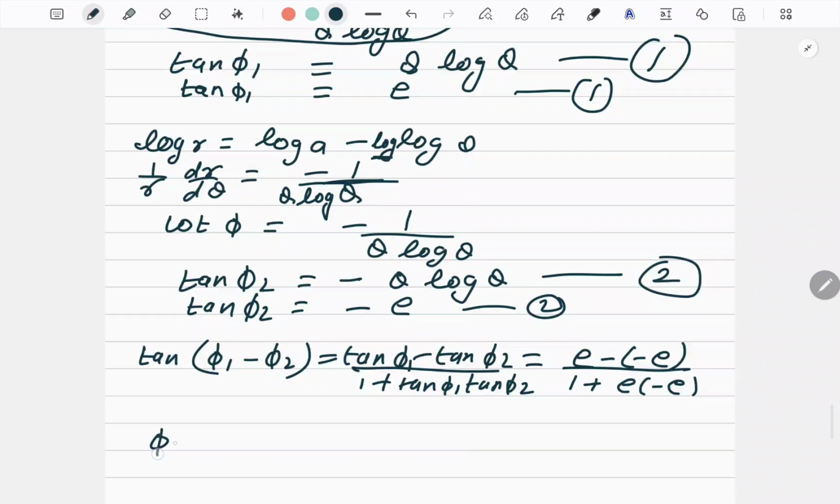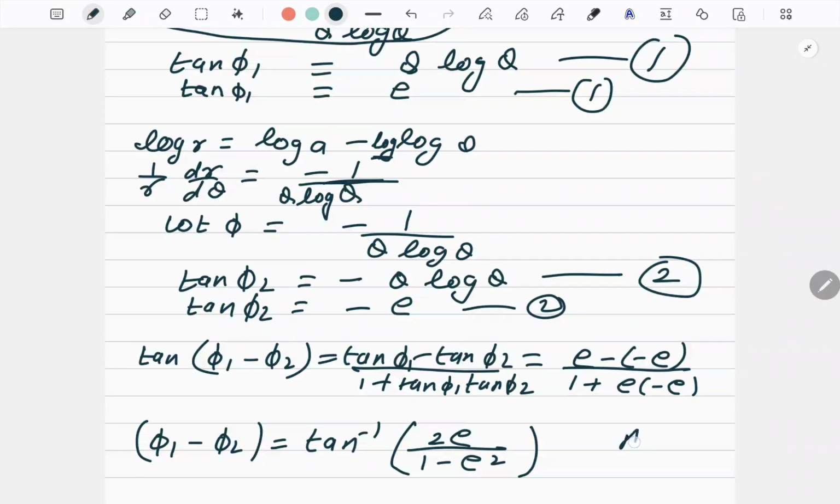Correct? So phi 1 minus phi 2 is equal to tan inverse, and e plus e becomes 2e, and 1 minus e square. So this will become my angle between the two curves. So what is the answer? Tan inverse 2e upon 1 minus e square. Correct? So it's a very simple and basic question.